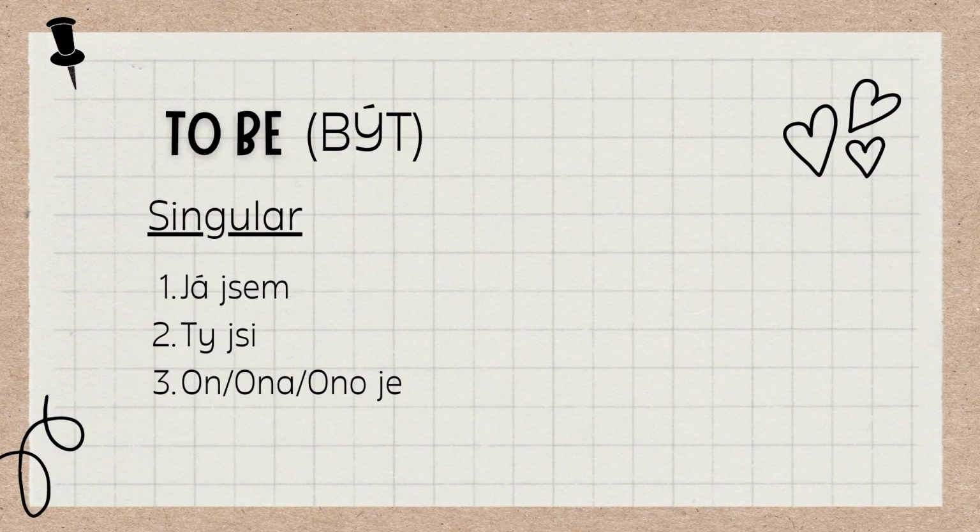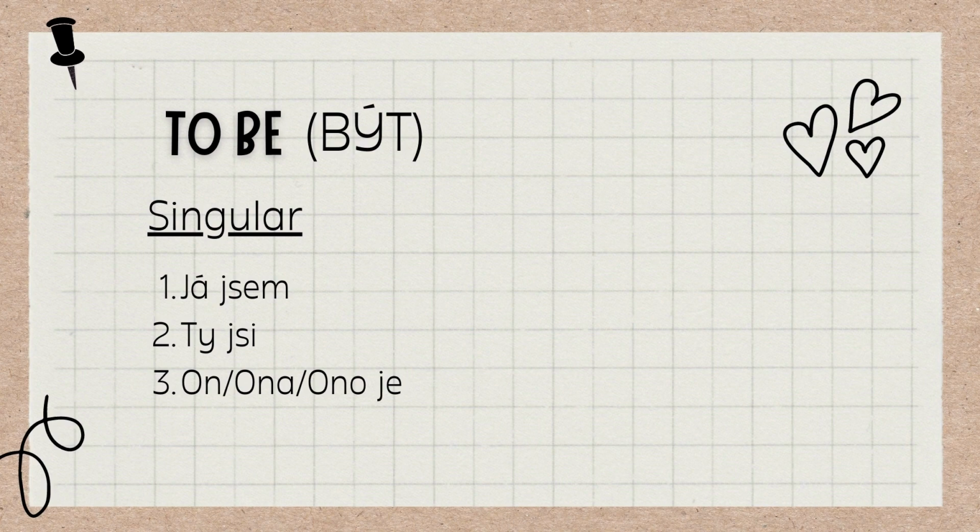The most important verb in the Czech language is without doubt the verb to be or být in Czech infinitive. We are going to learn how to conjugate it today in the present tense. It's essential for creating the past tense and conditionals, so it's really important you remember it well. Let's start.